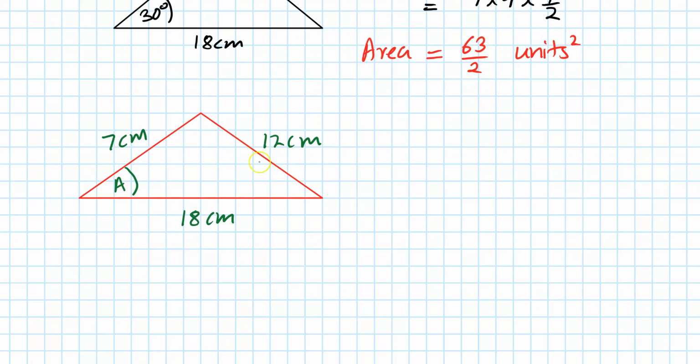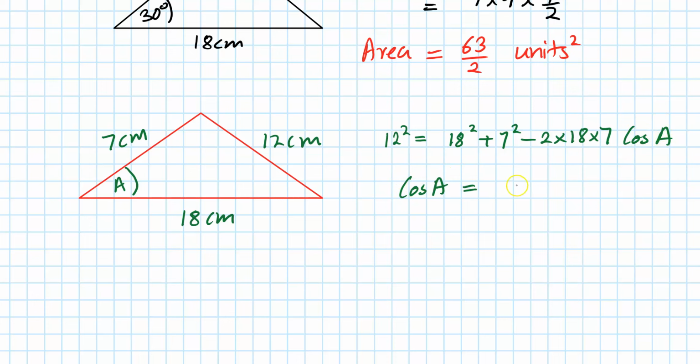So how do I write? The opposite is the length 12, therefore you can write down 12 squared is equal to 18 squared plus 7 squared minus 2 times 18 times 7 cos A. Then you can rearrange and find A, or you can use the CAS simply to solve for A. Let's write down one more step here.